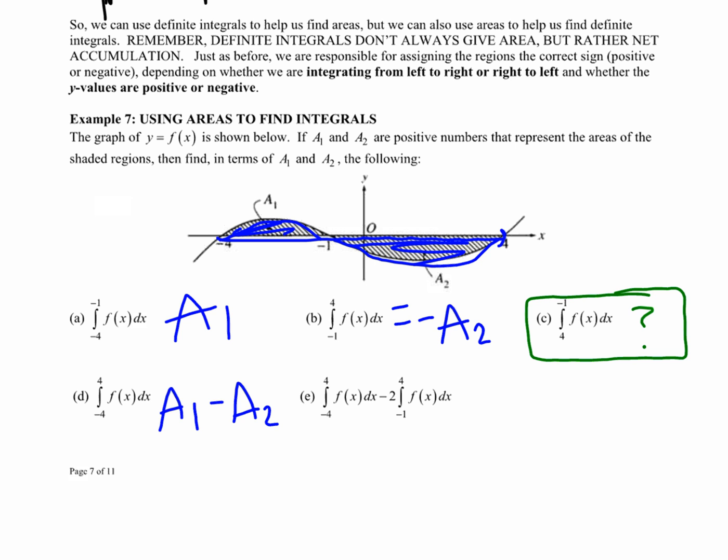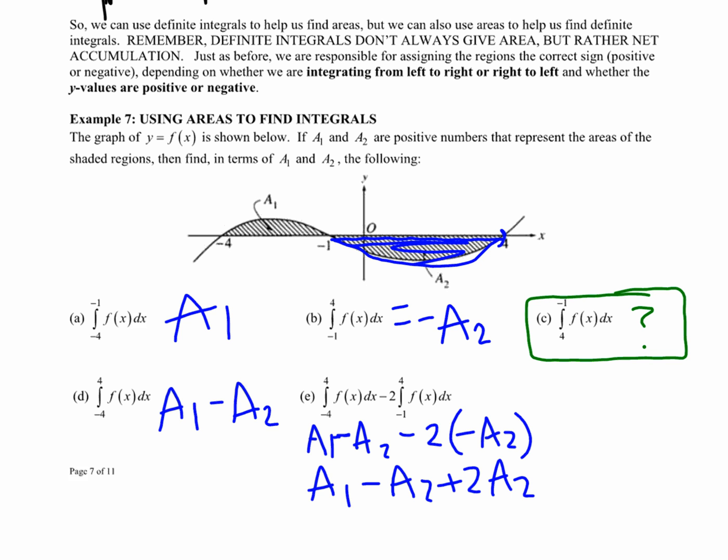So we have negative 4 to positive 4, which is what we just had, A1 minus A2. That's a minus there. Minus 2 times, what is this? Negative 1 to 4. So that would be negative A2. So A1 minus A2 plus 2A2 ends up giving us A1 plus A2.